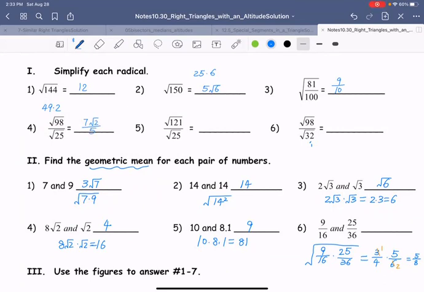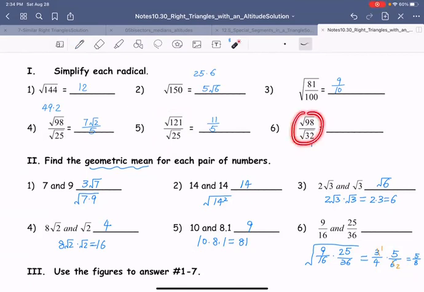Correct? Oh, yeah. Okay. Next one. The square root of 121 is 11 over 5. Very good.